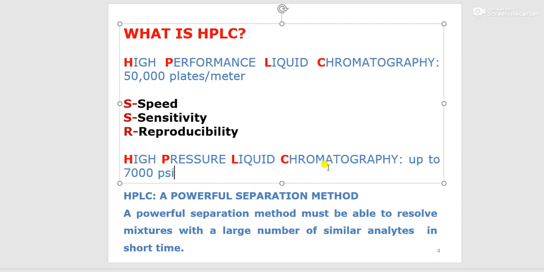It is a powerful separation method, must be able to resolve a mixture with a large number of similar analytes in short time. So HPLC is a very speedy technique, and it can resolve components present in a sample within a very short time period.